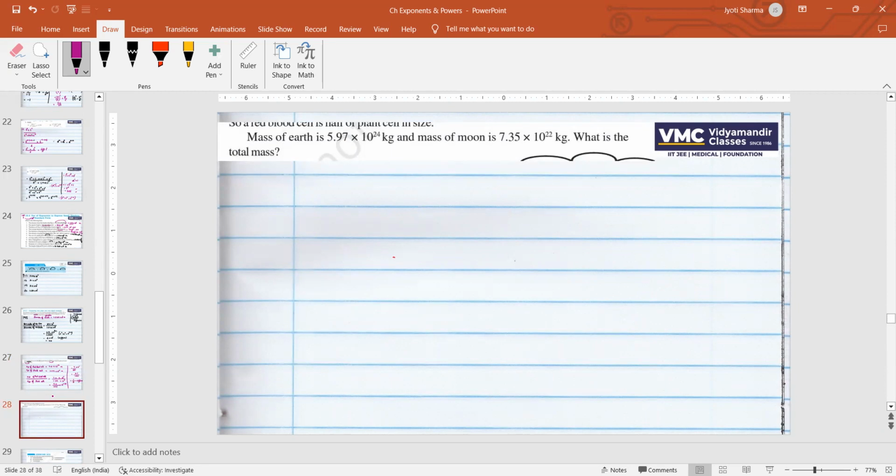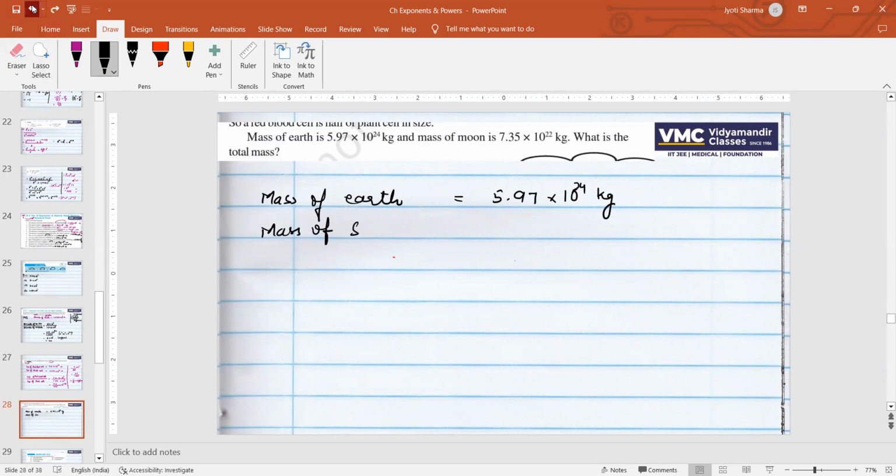Here, the mass of the earth is given. What is the total mass? In this case, you are supposed to add the mass of the earth and the mass of the sun.